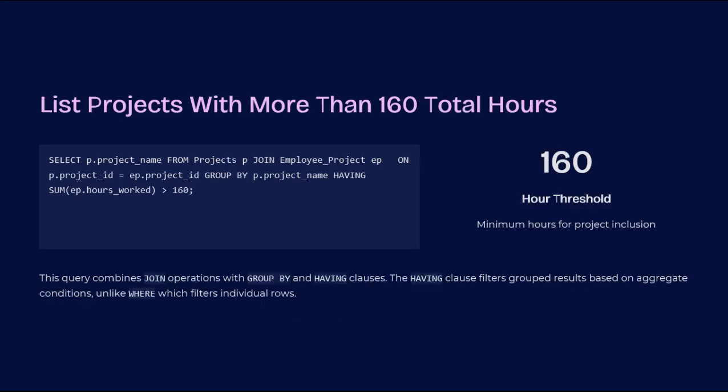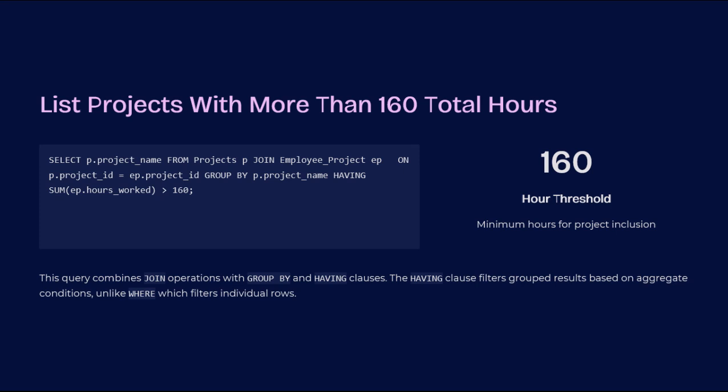Next is list projects with more than 160 total hours. Select P.project_name from projects P join employee_project EP on P.project_ID is equal to EP.project_ID group by P.project_name having sum of EP.hours_worked greater than 160.